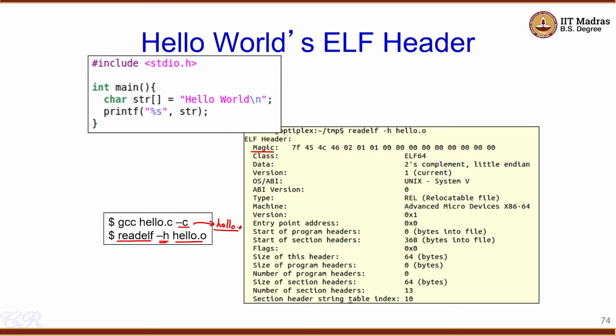We start off with the magic number, which is a unique signature that denotes that this hello.o file is an ELF file. When the OS executes, or when ReadELF itself executes, it looks into the file and validates that this magic number is correct, which indicates that this is possibly an ELF file.